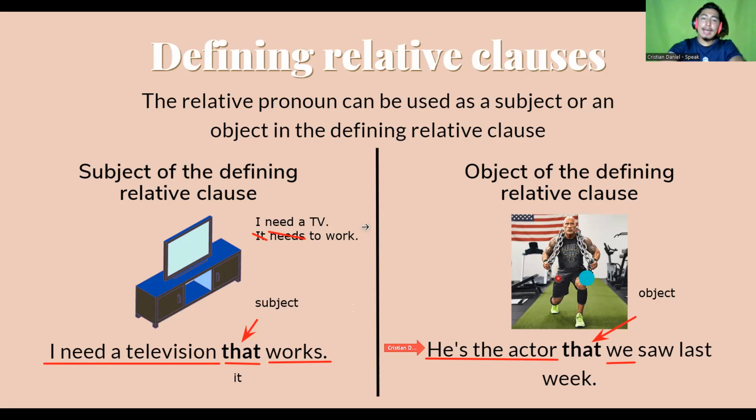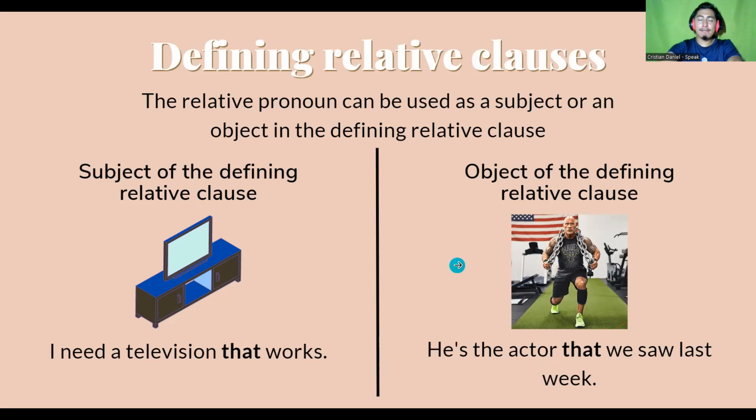And if we change it for another word, that's also possible: we can use which for objects, for things, and who for people. Okay, let's continue, everybody, with our next part. This is the information about defining relative clauses.